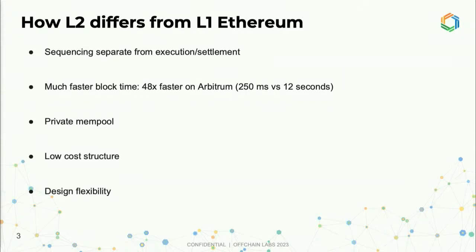And so we need to optimize cost in ways that L1s don't necessarily have to. But finally, L2s have a degree of design flexibility that L1 doesn't have, simply because L1 is a much more mature, much more widely used system. And so it's a lot harder and a lot slower, and rightly so, to change how Ethereum works compared to changing or evolving how an L2 works.